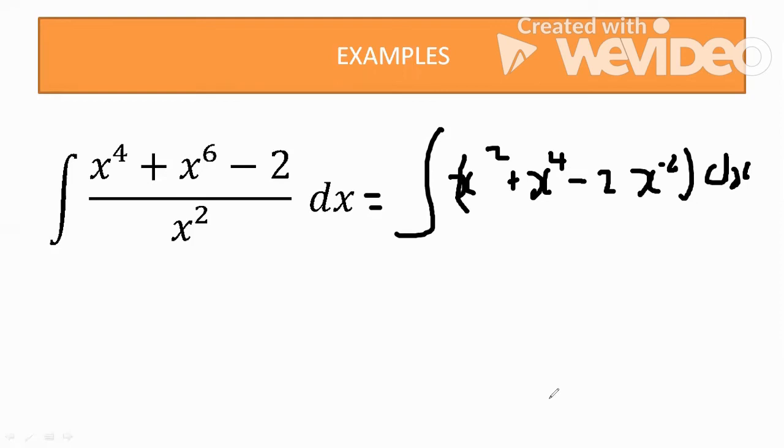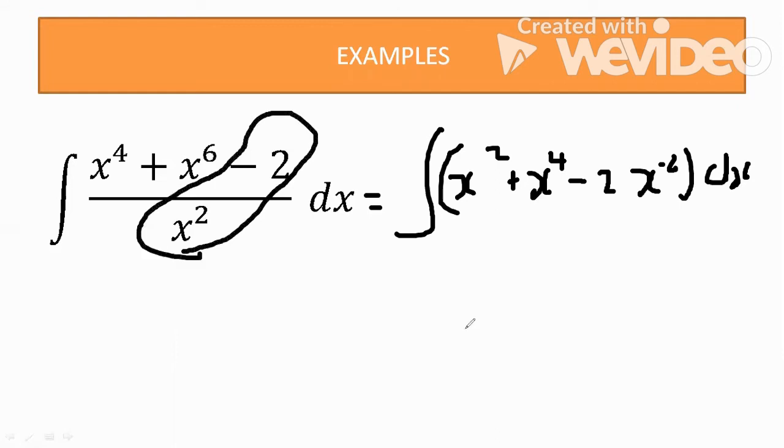Alright, so this will go there. As you notice, we didn't actually simplify this, we just brought the x squared upstairs. So let's integrate this.